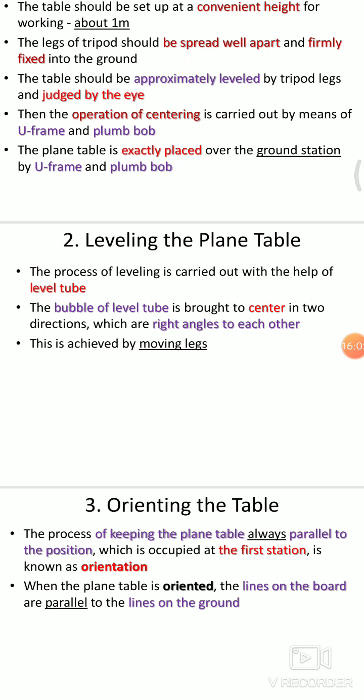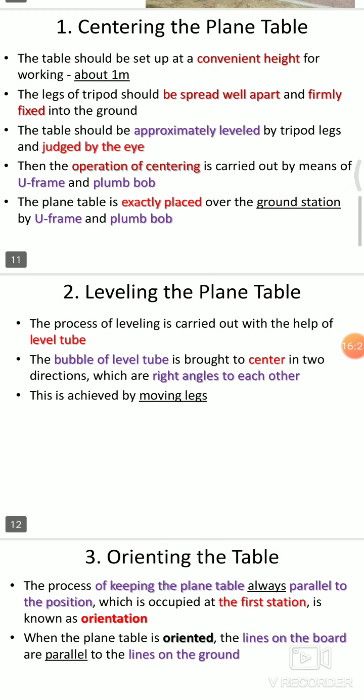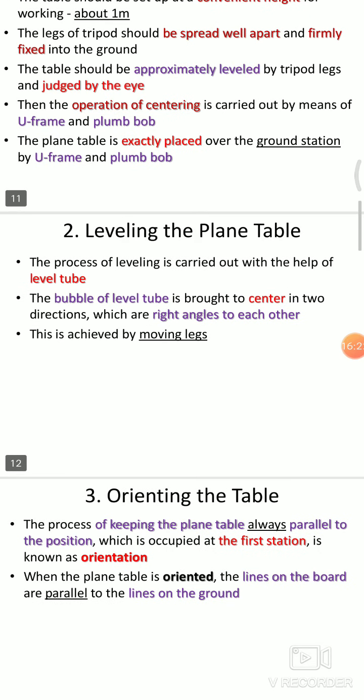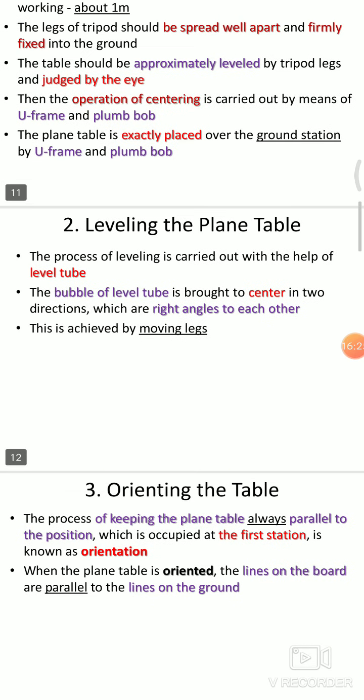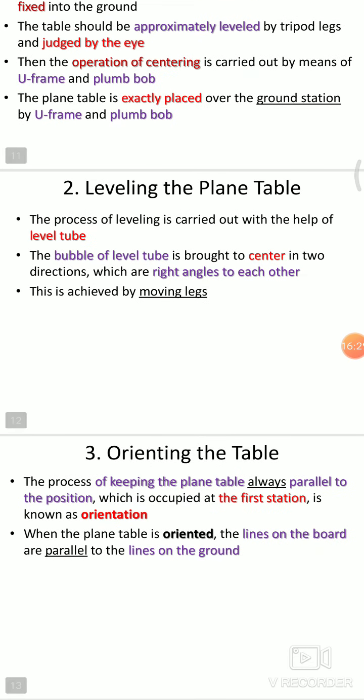Next setting up step is leveling the plane table. The process of leveling is carried out with the help of the level tube. Leveling means the position of the plane table becomes exactly horizontal. In centering, we made the plane table approximately horizontal by eye judgment.